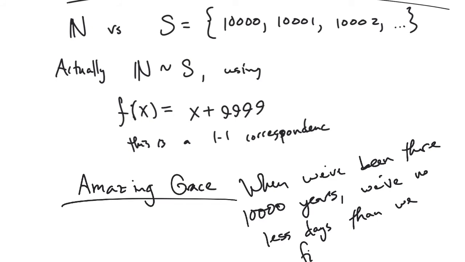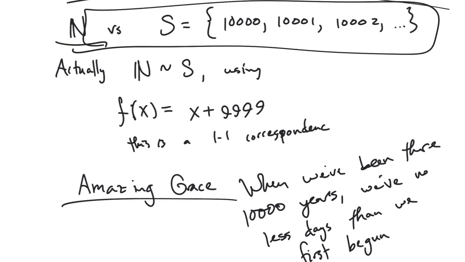Meaning, if somebody goes to heaven and they're there for 10,000 years, the duration of time which remains for them in heaven is the same amount of time as when they first arrived. That is to say, N and S have the same cardinality, right? When you take away 10,000 things from the beginning, it doesn't actually change the size of this infinite amount. All right, way to go.